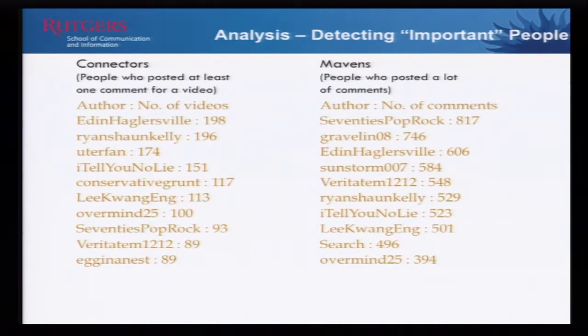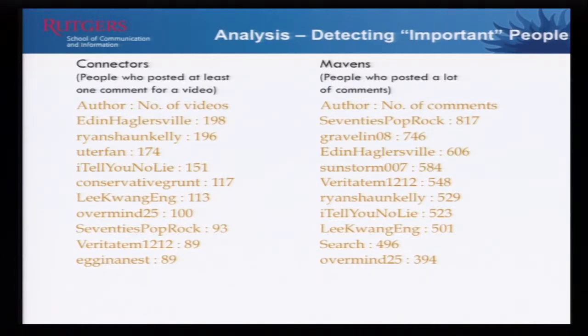One of the things we said was, let's talk about some important people in this data. So we came up with labels called connectors, mavens, and salesmen. Connectors are people who have been to a lot of videos and made comments, within our collection, going to a lot of videos and saying something. Mavens are people who are possibly experts or who feel very passionate about something, so they're saying a lot of things.